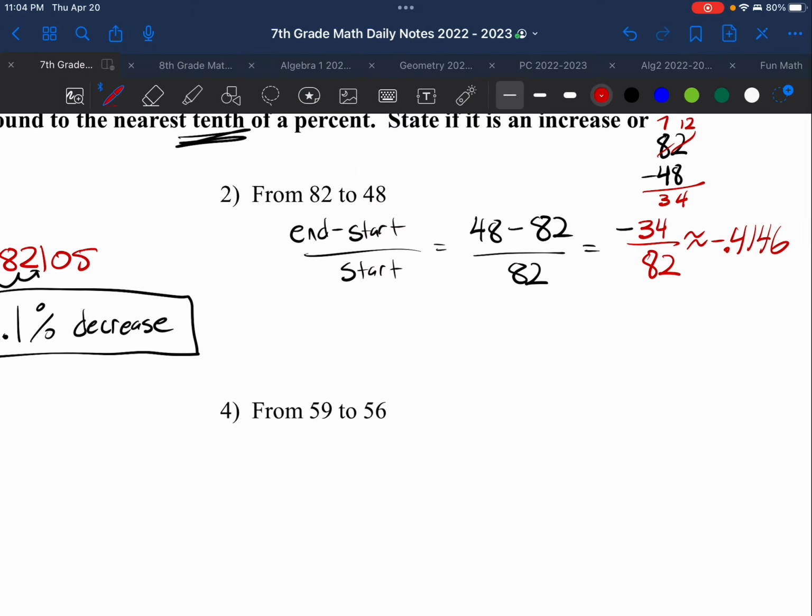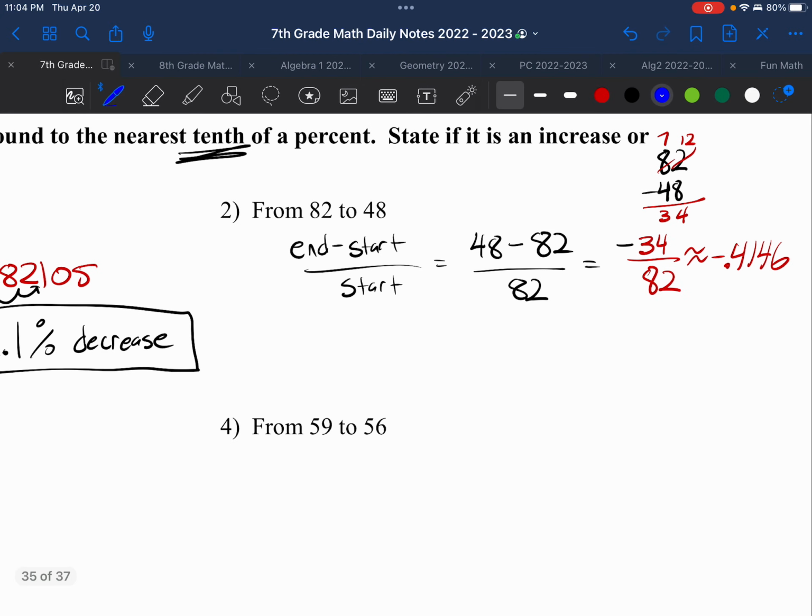And then we move the decimal place, right? So we say move 1, 2, and this is going to be 41 point, okay, do we say 4 or 5? We'll check it out. I want to say 4, but the number after the 4 is a 5 or greater, so I'm going to round it up to a 5, and I'll say 41.5, and then percent.